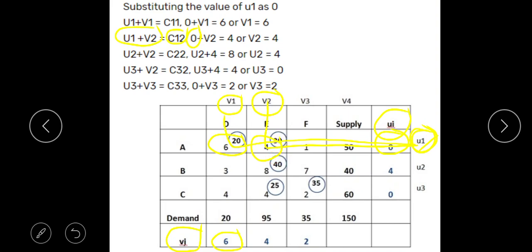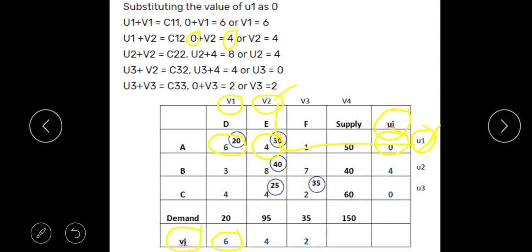For C12, the formula is U1 plus V2. The U1 value we already know is 0. We don't know the V2 value, so keep V2 as it is. What is the value of C12? It is 4, so mention 4.